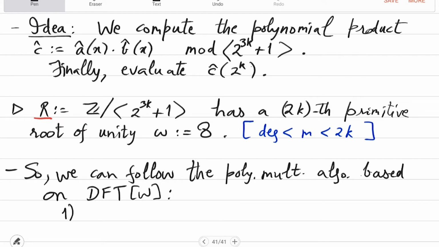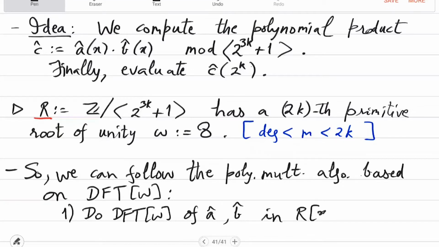So the first step is to do DFT omega of a hat, b hat in the ring R[x], which is nothing but computing the values of a hat for all these powers of omega, and the same for b hat, right?